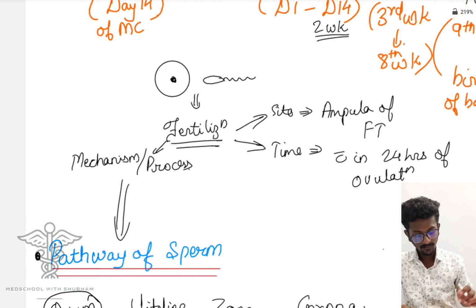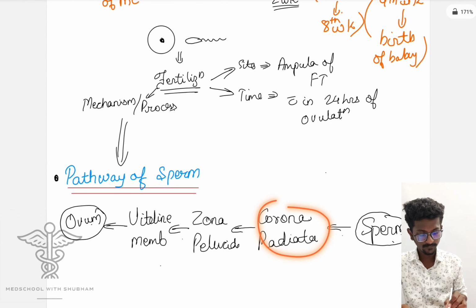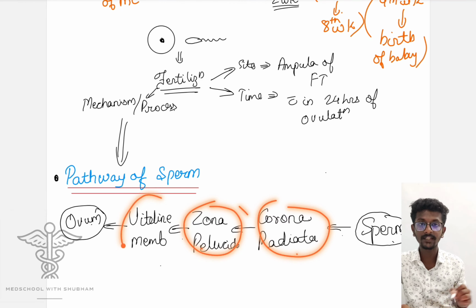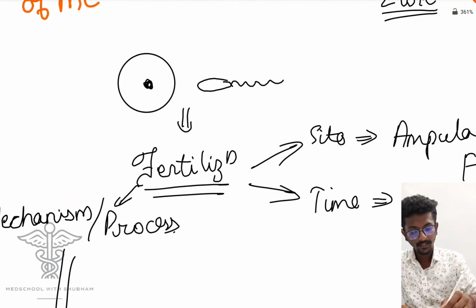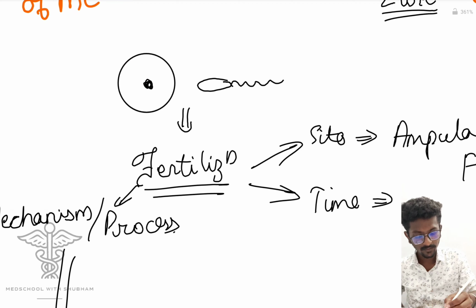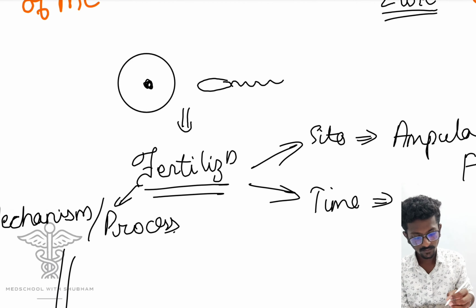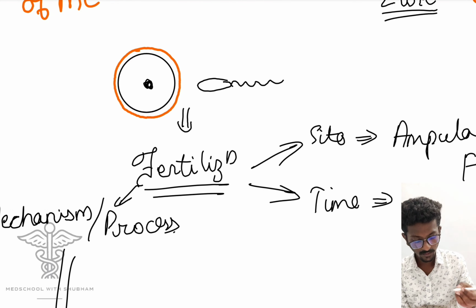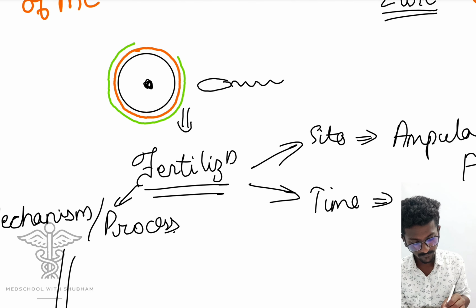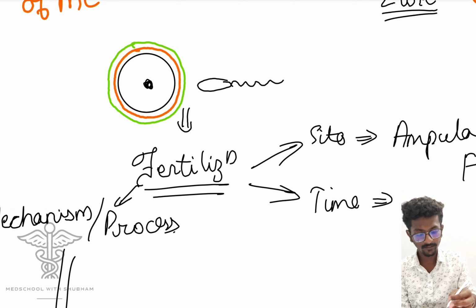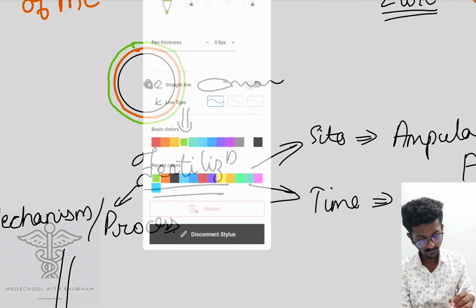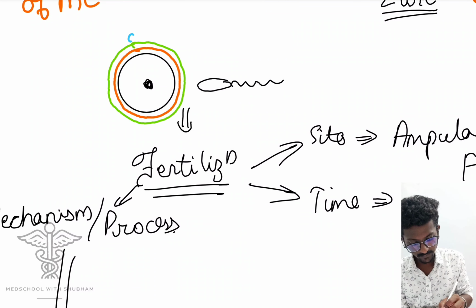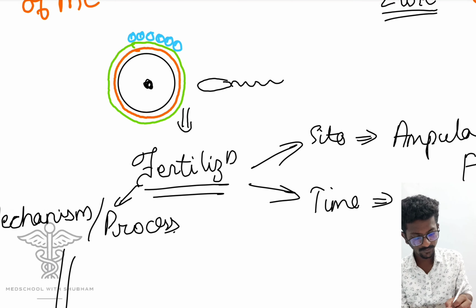As I have named these layers, corona radiata, zona pellucida and vitelline membrane, I shall draw those layers here. So this is the ovum. Above the ovum I will be drawing the vitelline membrane. Over the vitelline membrane, we have this zona pellucida layer, and over that we have the corona radiata cells.